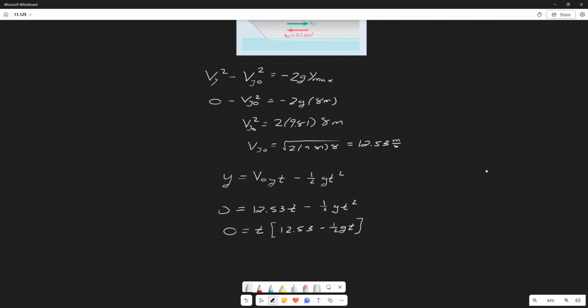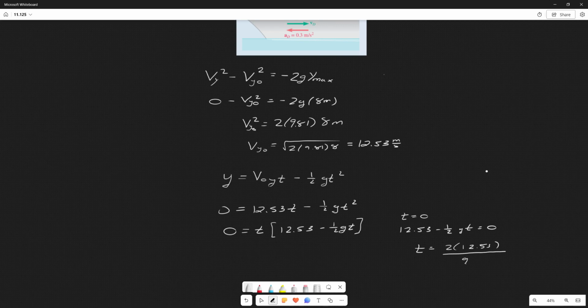So there's two solutions to this. One solution is that t equals 0. That's the trivial solution. At time t equal to 0, we know the ball is at y equal to 0. But the second solution comes from setting what's in square brackets to 0. So 12.53 minus 1/2 g t equals 0, and we have t equals 2 times 12.53 divided by g.